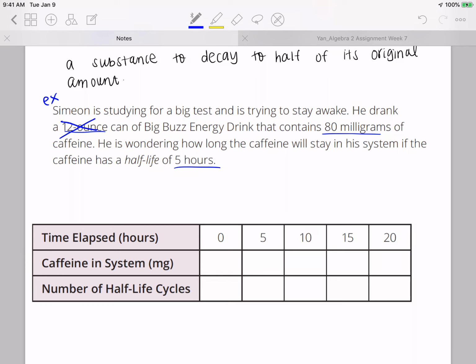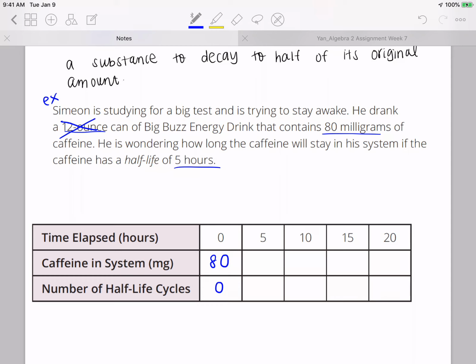But this 80 milligram is very important, because once he takes in this 80 milligrams of caffeine, at 0 hours he has 80 milligrams of caffeine in his stomach. And that's considered the 0 cycle first.